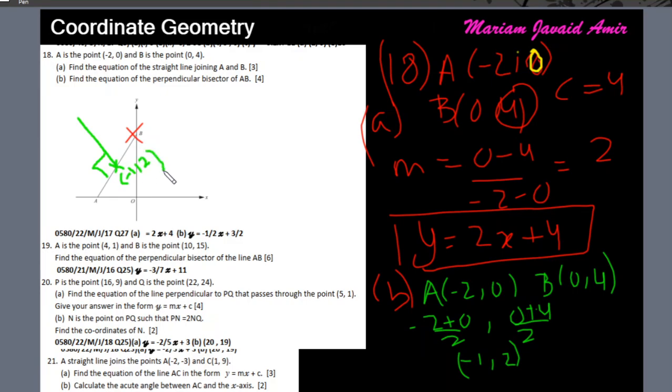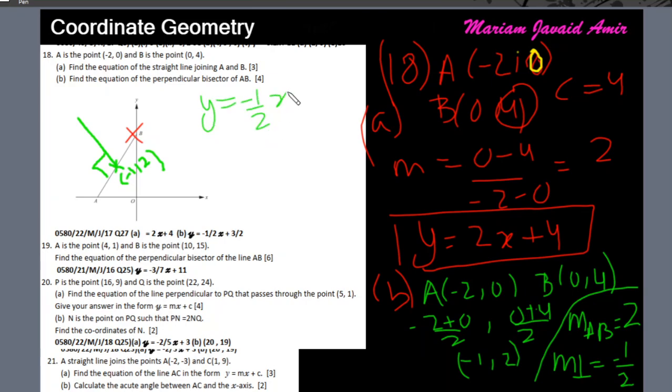Next I have to find the equation of this line. So I know that m for line AB was 2. Now m for the perpendicular line will be the negative reciprocal of this, so minus 1 over 2. So y equals minus 1 over 2 x plus c. To find c, I need a point on this line which I know is minus 1 comma 2.